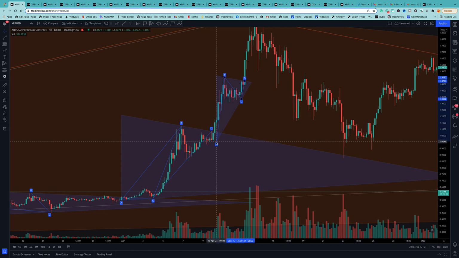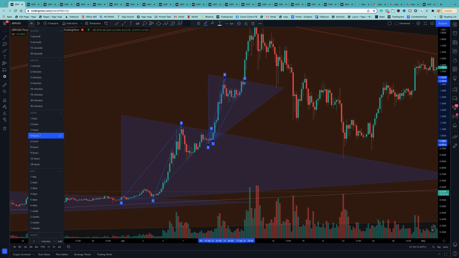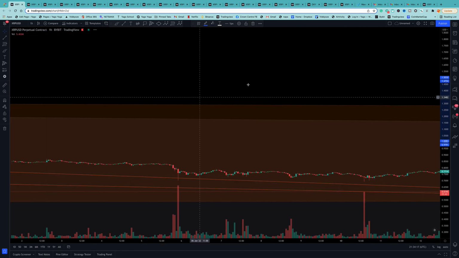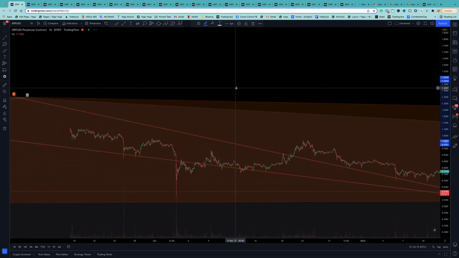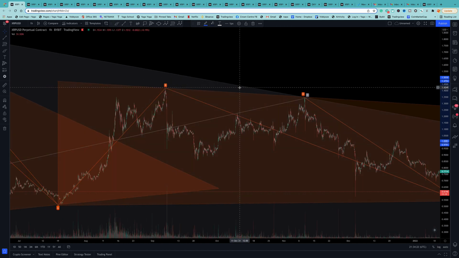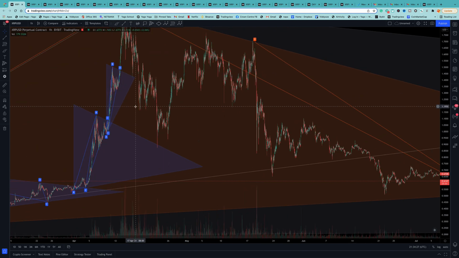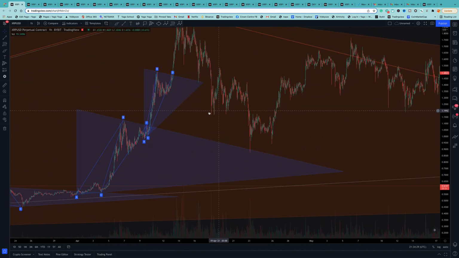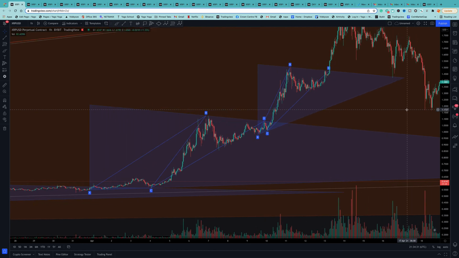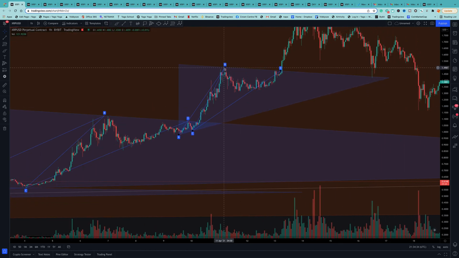So even though we're on the 4 hour, I'm going to go down to the 1 hour, because the 1 hour gives us more detail. And sometimes when you're on a timeline and the detail isn't so clear, you go down into the next timeline because it gives you more refined details that you can actually map out. You can actually map out the arcs.